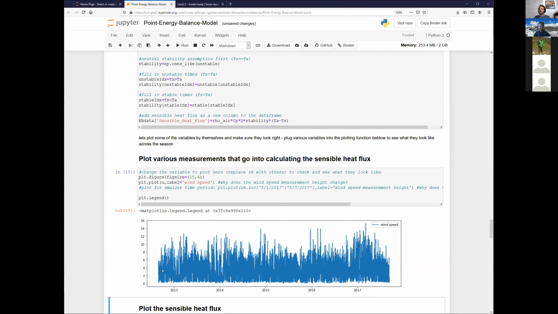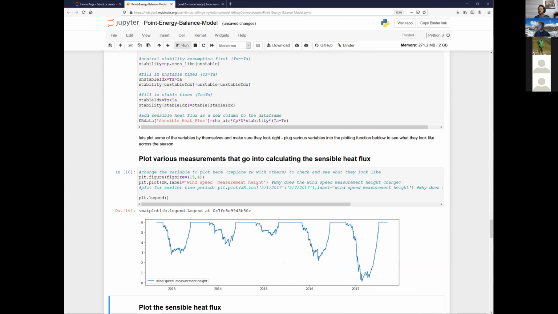So there you can see the wind speed. It moves around a lot. But what we were looking at before was actually the height above the surface that we were measuring the wind speed, which is this graph. So why do you think the height at which we're measuring the wind speed is changing so much?